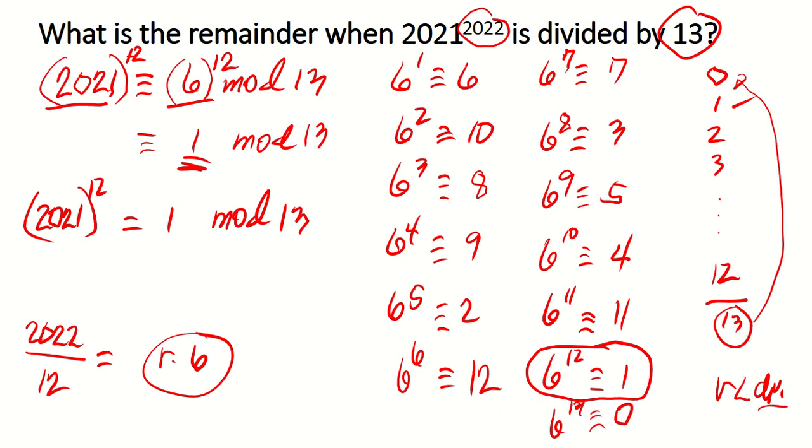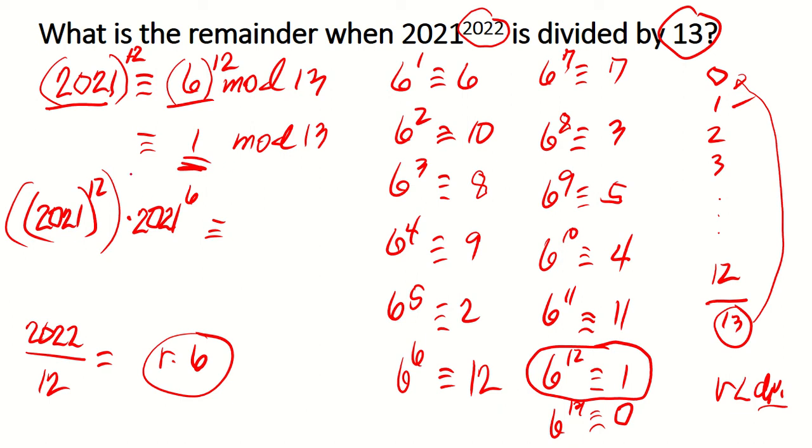So we add it here. So that is raised to the power of, times, 2021 raised to the power of 6. 2022 divided by 12, the answer is 168.